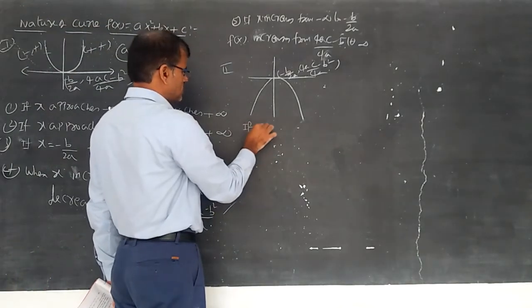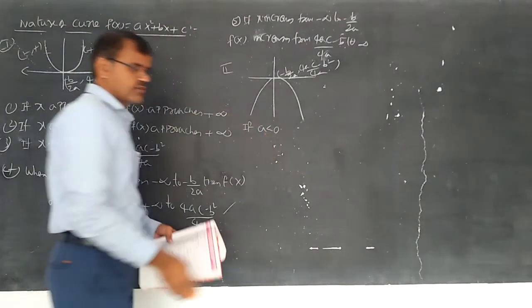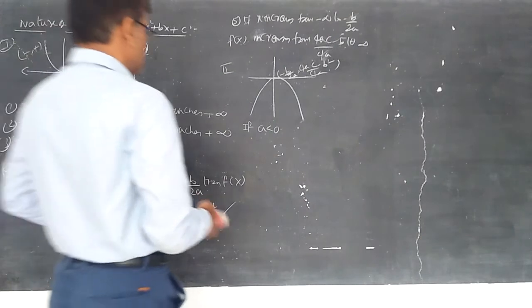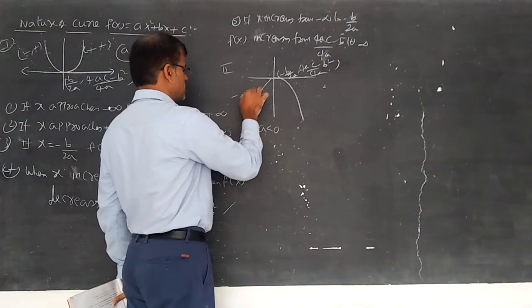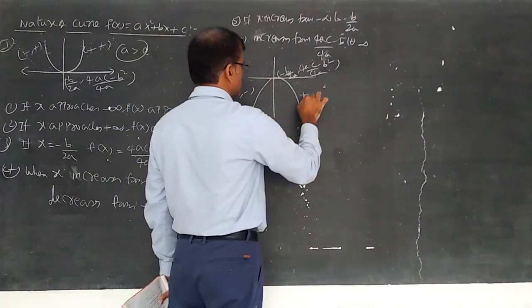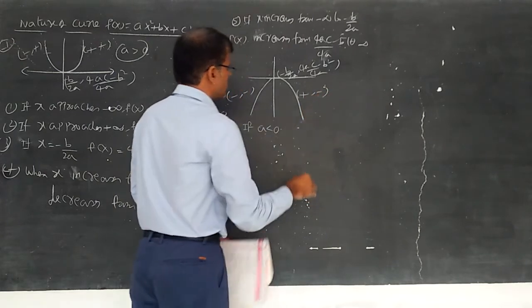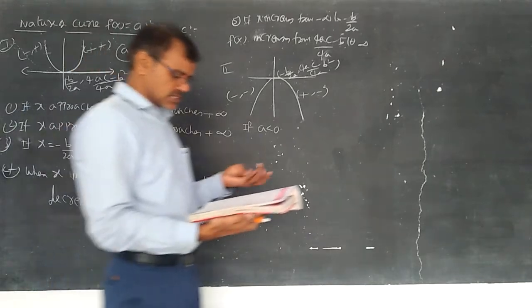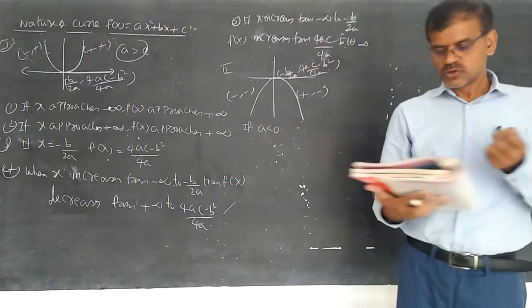Now Roman number 2, the characteristic of the graph, we can say a less than 0. For the a less than 0 graph, if x approaches minus infinity, because here you can understand minus comma minus concept, and here this is plus comma, x is plus and y is minus. Minus comma minus concept, plus comma minus concept.